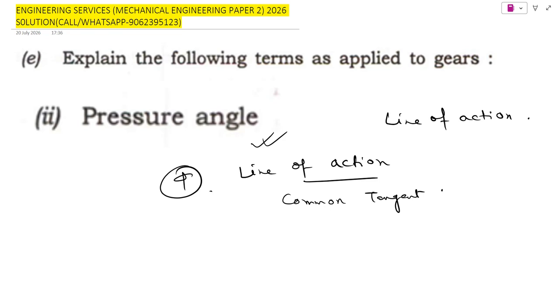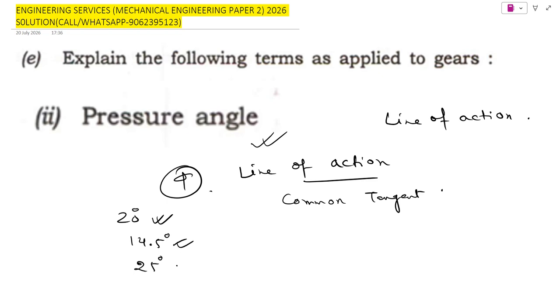Okay. Now, in modern involute gears, the most commonly used pressure angles are 20 degree, that is the most common standard, 14.5 degree, that is for the older systems, and 25 degree used in heavy duty applications.